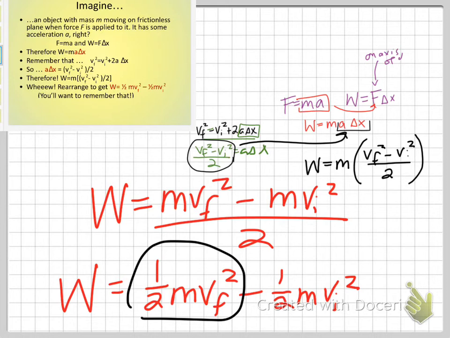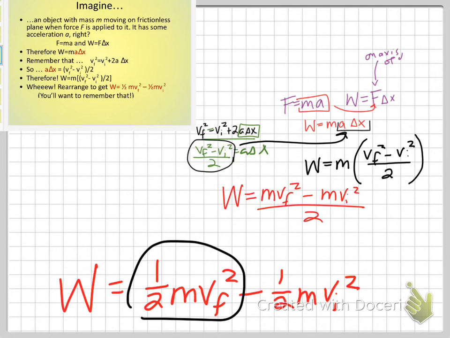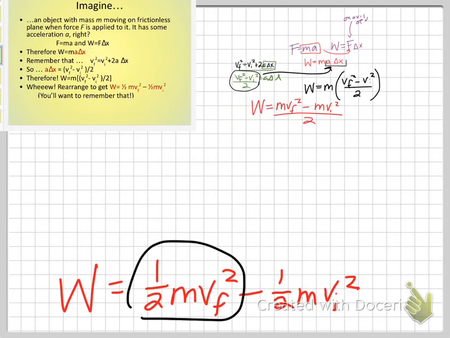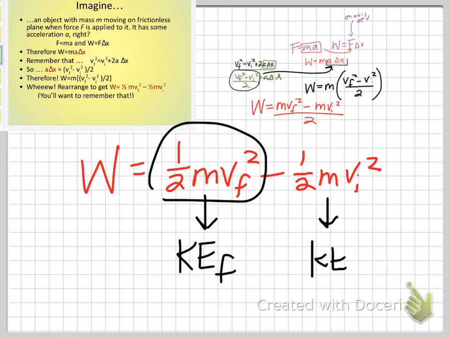So then, interestingly enough, if we're talking about the final velocity and the initial velocity, we're talking about that change in velocity. So this is the final KE, and this is the initial KE.